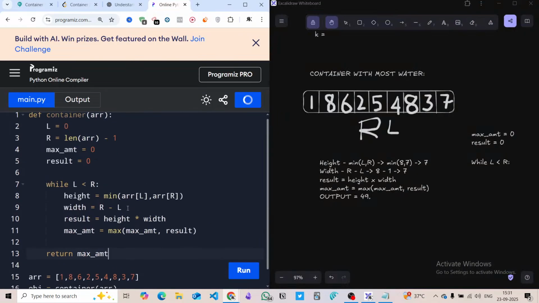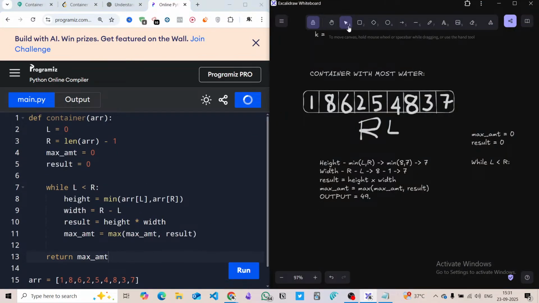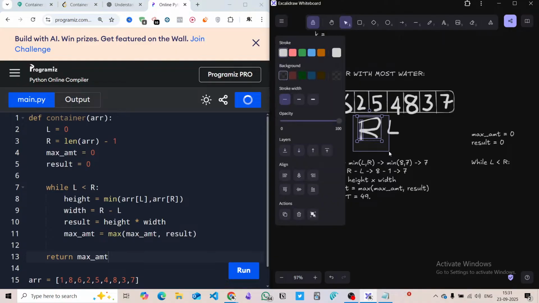Just write on this one to find out the error. I think this has some error.